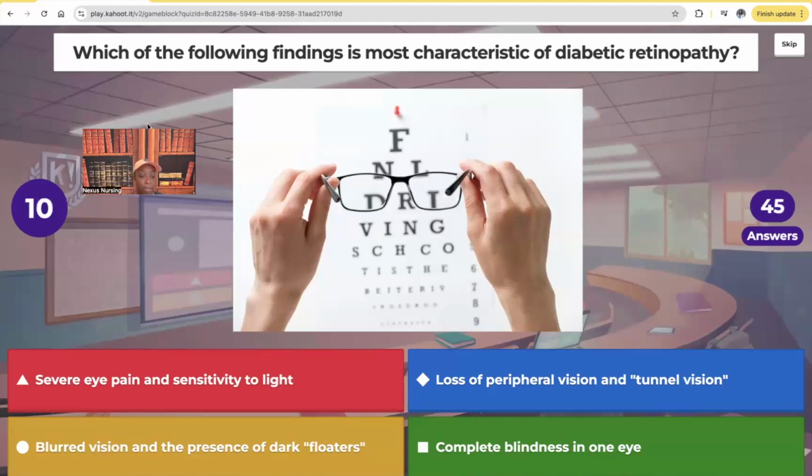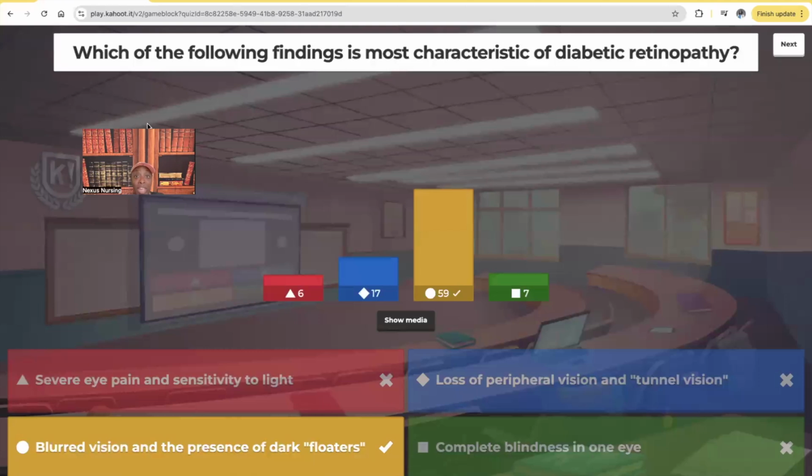By the way, guys, this is where there's abnormal vessel formation in the retina. And the reason these abnormal vessels are formed in the retina is because of what? Hyperglycemia. That's why it's called diabetic retinopathy. The clinical manifestation you're most likely to see is going to be the blurred vision and the presence of dark floaters.